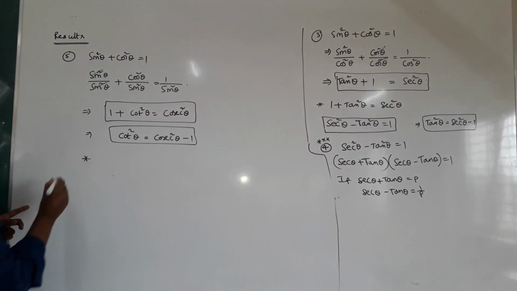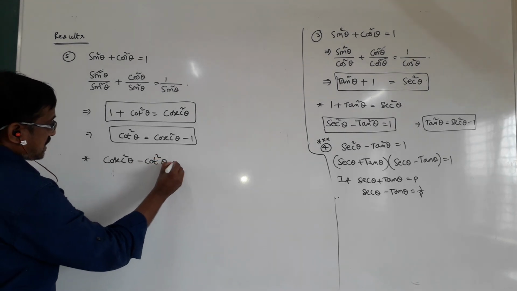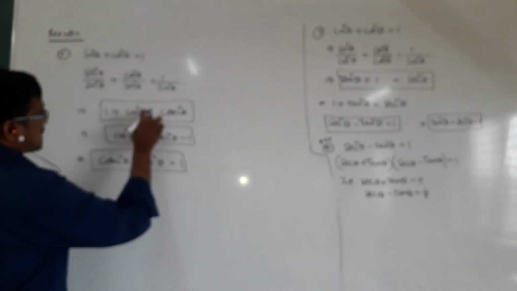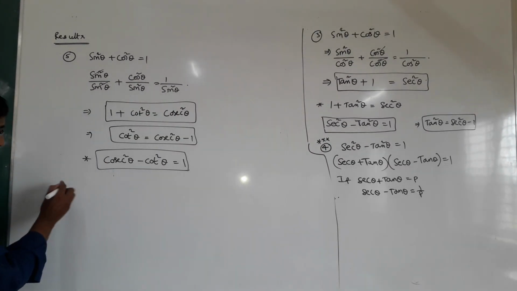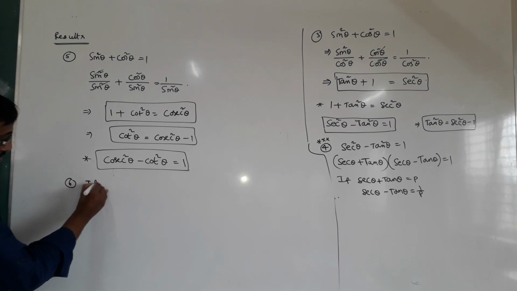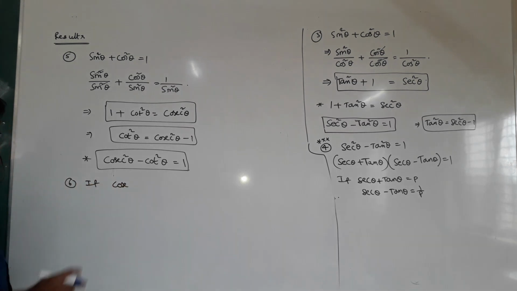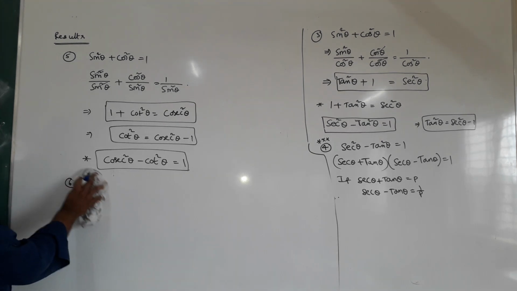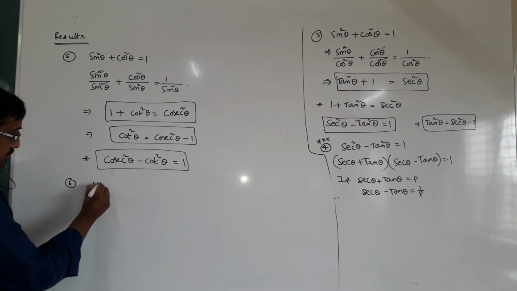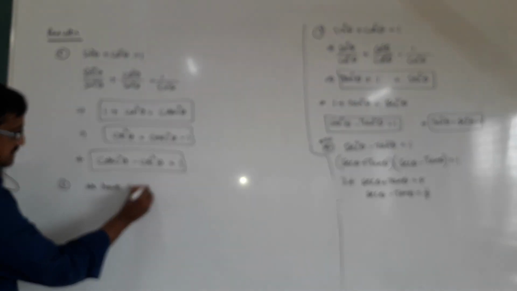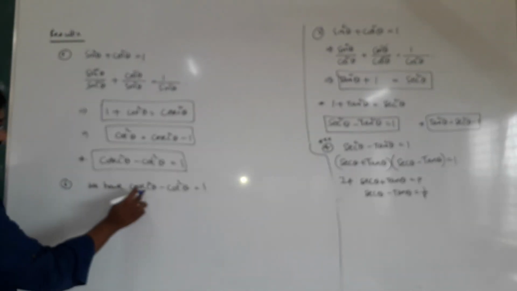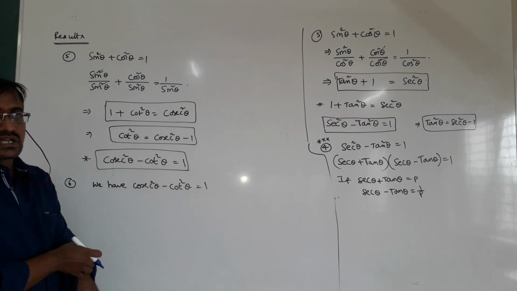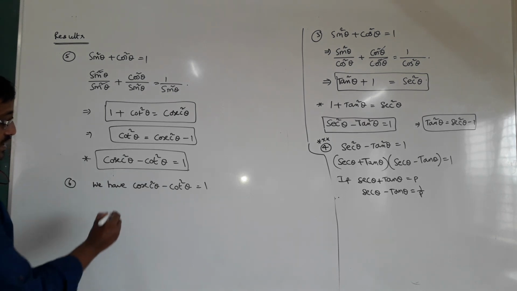You can write a formula that cosecant square theta minus cot square theta is equal to 1. It is of the form a square minus b square, so you can write it as a plus b into a minus b.